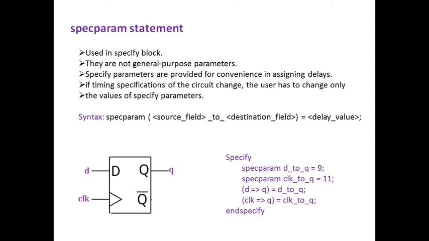These are hard-coded delay numbers to specify pin-to-pin delays. It is common to define the specify parameters by using the specparam statement. Let me have one example here so that you can understand this concept clearly.